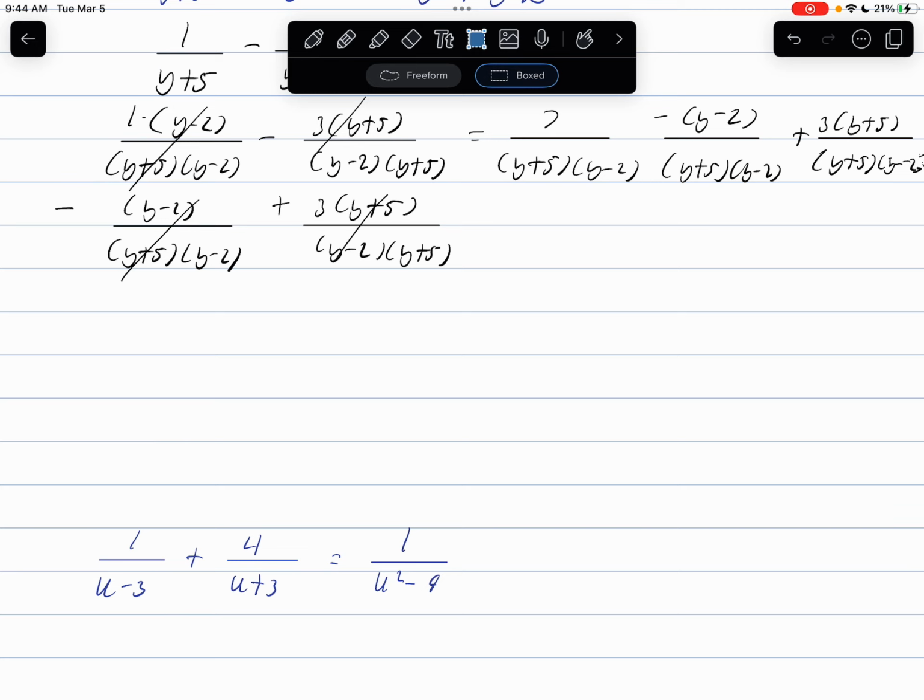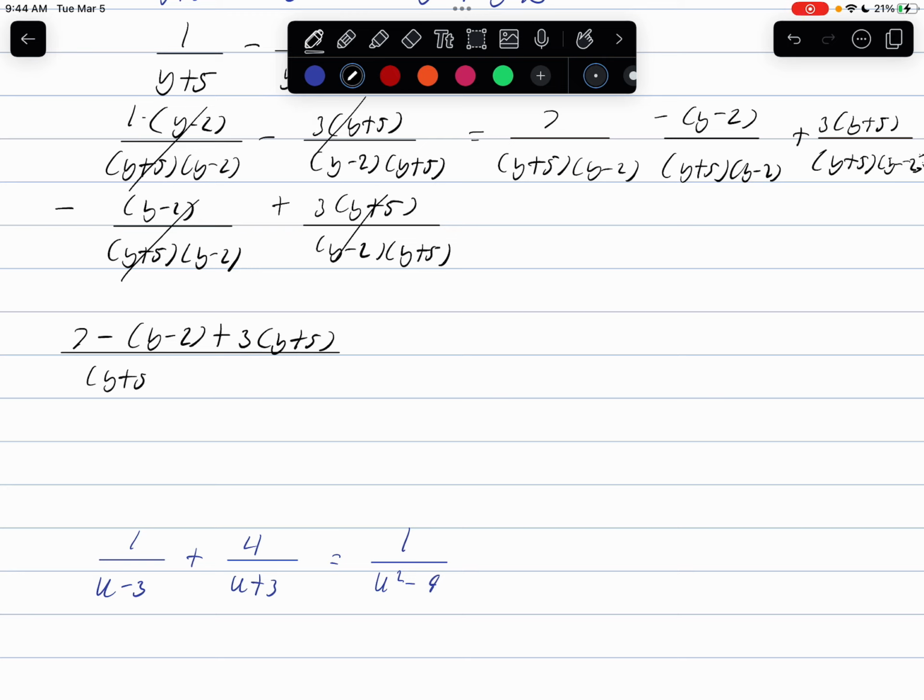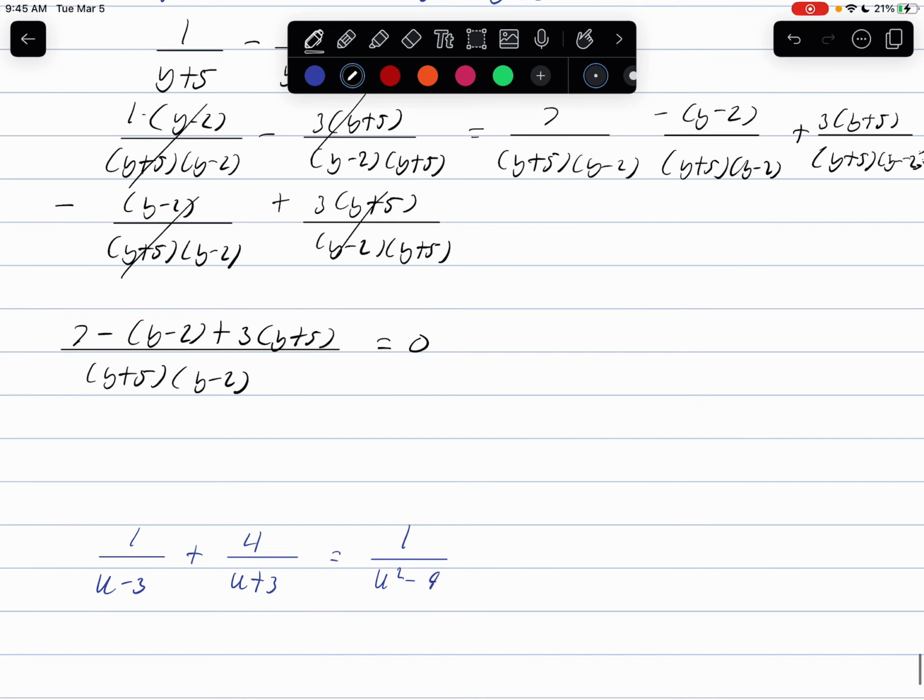So we're going to end up with 7 minus y minus 2 plus 3 times y plus 5 all over y plus 5 times y minus 2 is equal to 0. Okay, cool. So now looks like we can, let's see what we can do here.